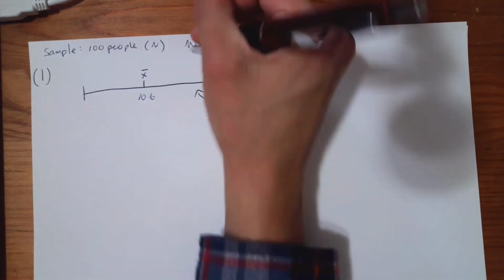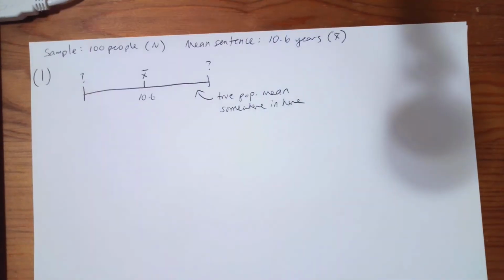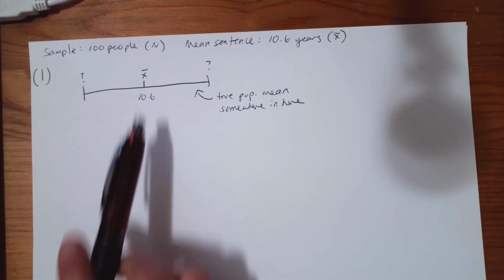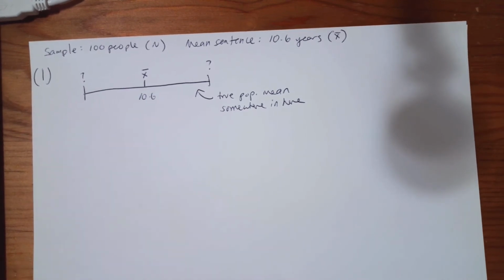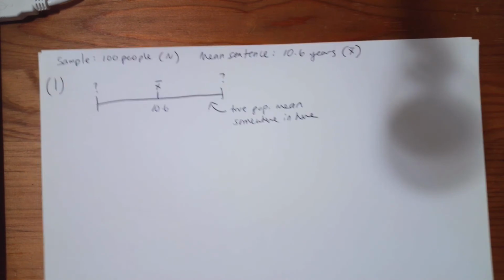And the question is, what are these values on either side? So, what is the actual interval that is likely to include the true population mean based on some level of confidence? And we're going to need a few things to calculate a confidence interval.